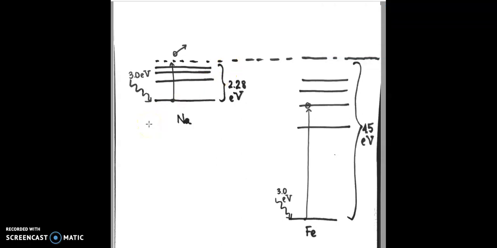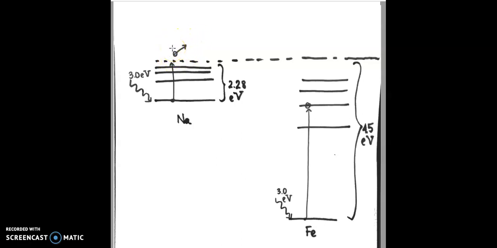So here's why. Imagine I'm looking at sodium versus iron. I drew in their two work functions, and sodium only takes 2.28 electron volts in order for an electron to escape the ground state of this atom. So if I have green light with 3 electron volts of energy come in and hit this electron in a collision, it will use 2.28 of those electron volts to escape the energy well, but the remainder of that energy is the kinetic energy.